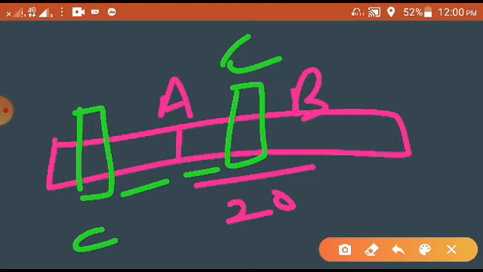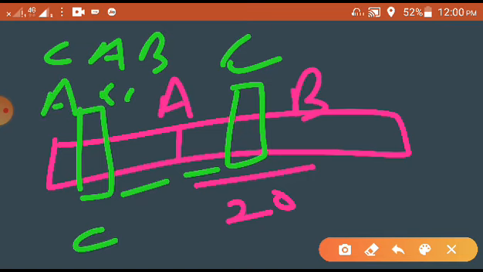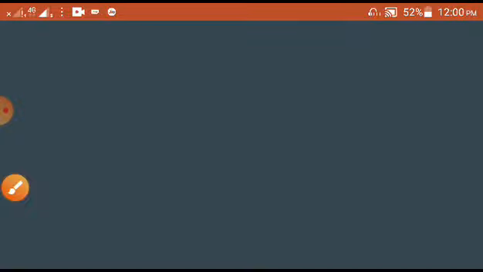So both conditions are possible: maybe they are present like CAB or they are present like ACB. Like that, the genetic gene map gives the information regarding the location and the linkage of the two genes. I hope you understand what I am trying to convey here. This blank slide I used as a blackboard.